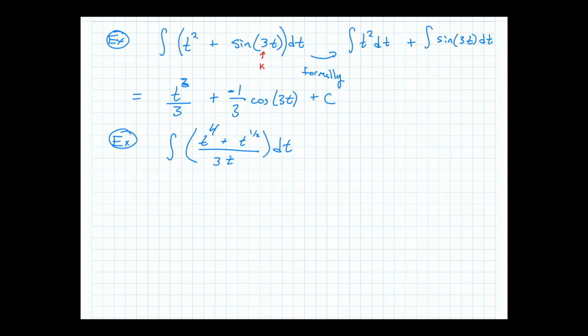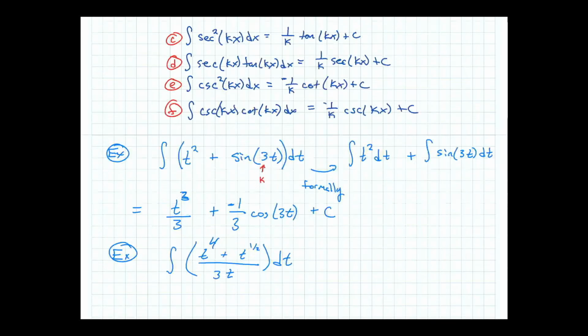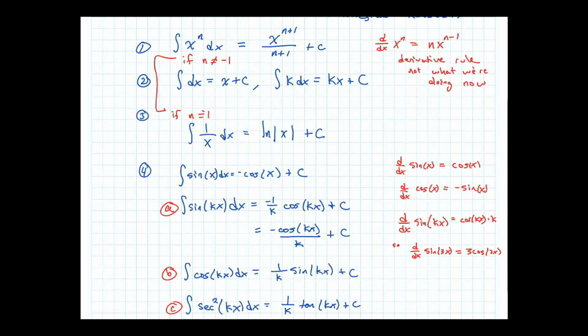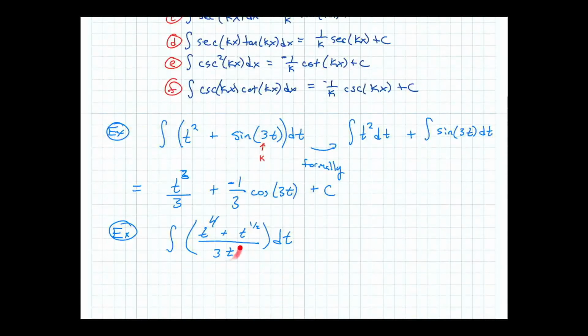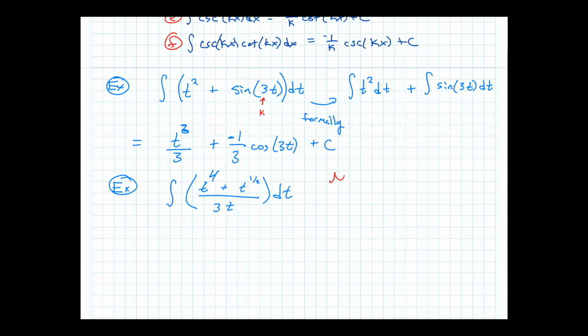If you look at this right here, you should realize that this is not something that's on your list. You can do an individual exponent. You can't do a big mess of algebra. So you need to recognize that this is just not on the list of antiderivatives. So you have to simplify it.